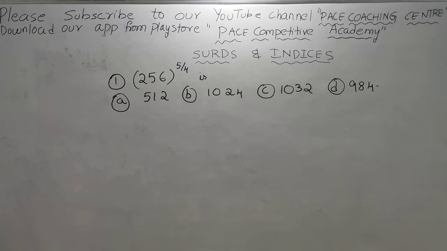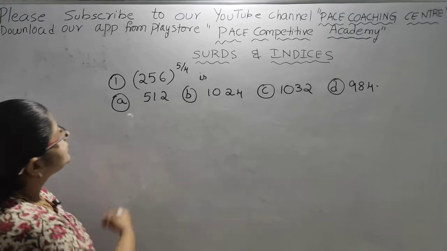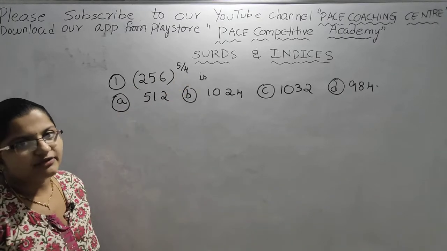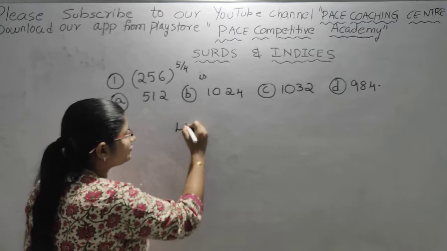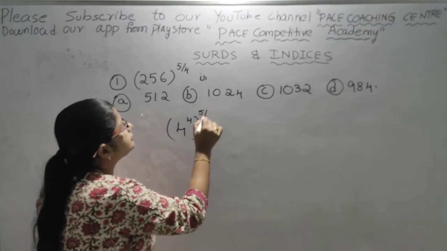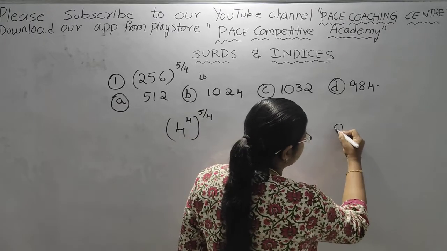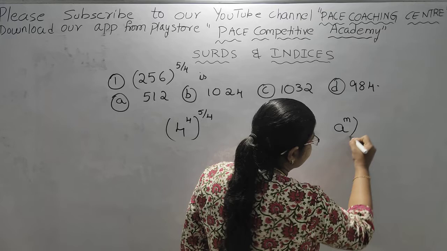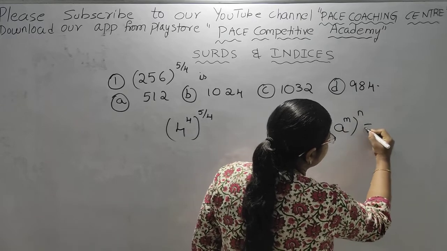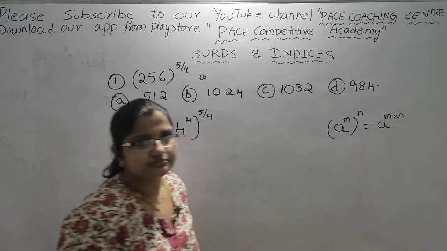Why convert it, madam? Let us see what will happen if we convert it into the powers of 4. Can we write 256 as 4 power 4, whole power 5 by 4? From the law of indices, you know that a power m whole power n is nothing but a power m into n.